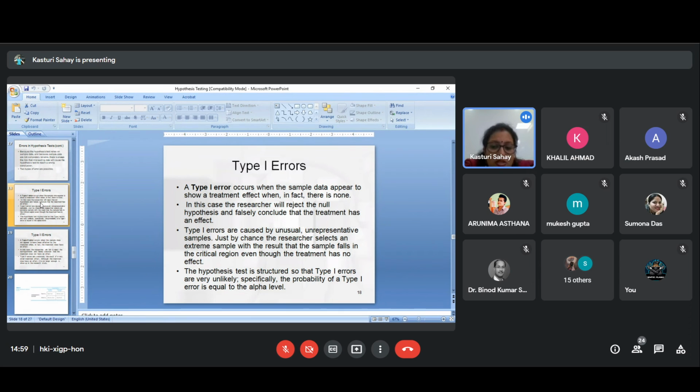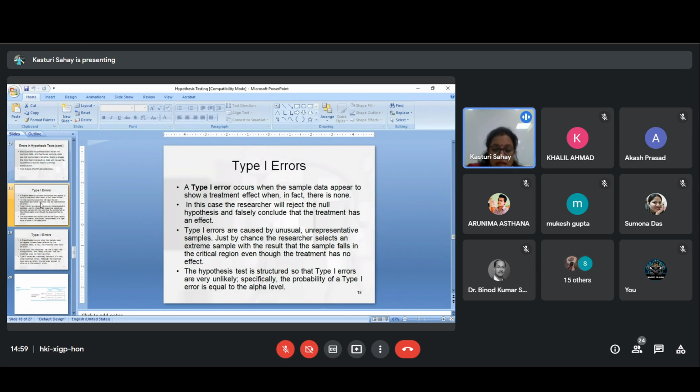Just by chance, the researcher selects an extreme sample, with the result that the sample falls in the critical region even though the treatment has no effect. By chance, you selected all those samples which had the extreme values, and therefore you concluded that the treatment had an effect. There's always a chance of this. There's always a probability of this.